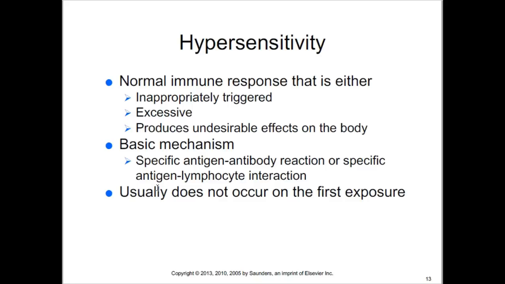Again, it can damage your tissues, and it usually does not occur upon the first exposure. So basically, your specific antigen-antibody reaction, or antigen-lymphocyte interaction, is going to be excessive or inappropriately triggered.